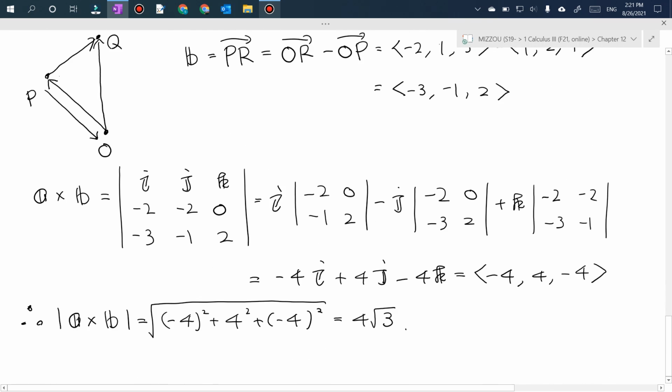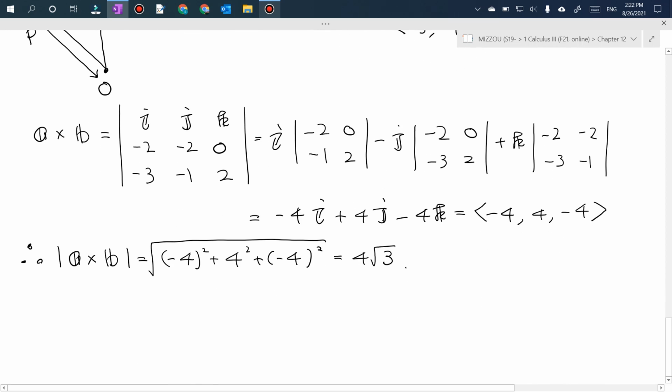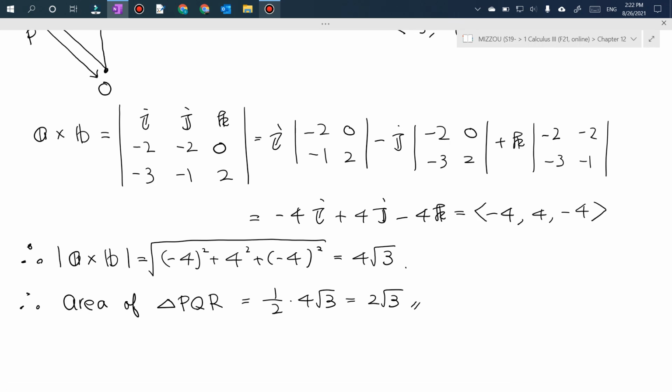Magnitude of the cross product gives you the area of the parallelogram. And if you want to get the area of the triangle, you have to divide by 2. So therefore, the area of the triangle PQR is 1/2 times 4 root 3. That's 2 root 3. Okay, so that's one geometric application of cross product.